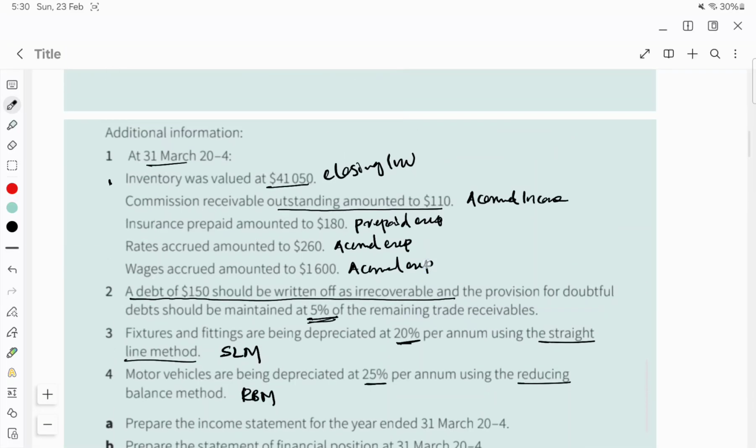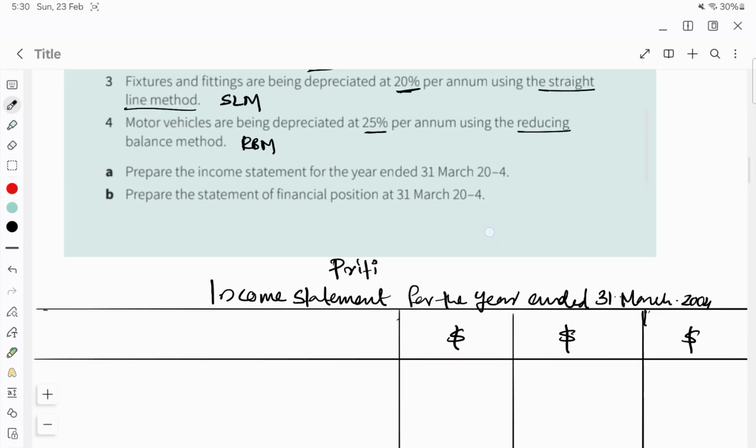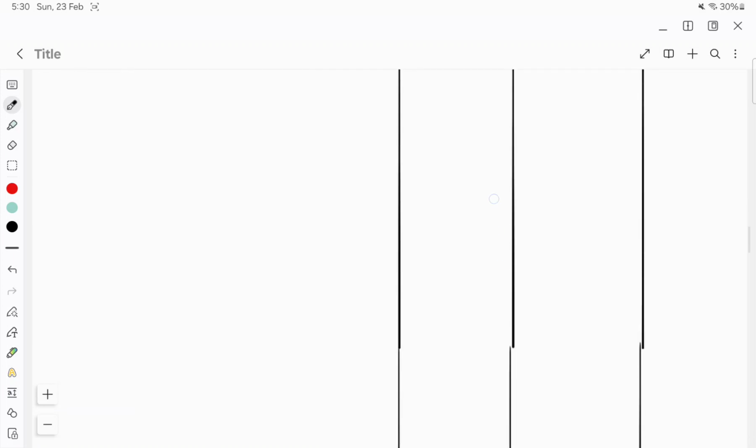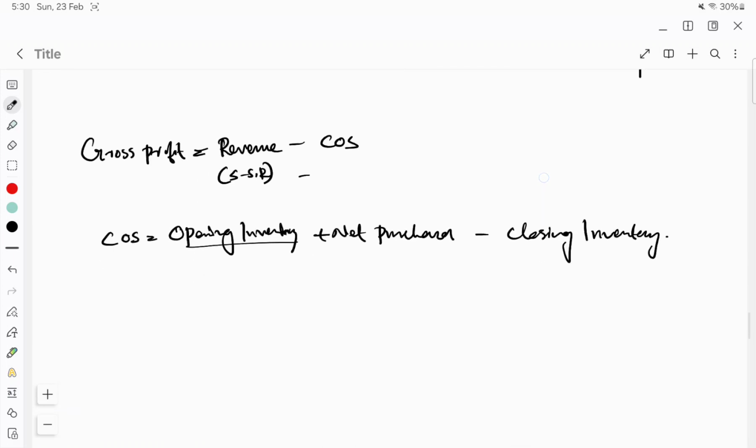So we go to the equation again. Opening inventory we have, closing inventory we have.